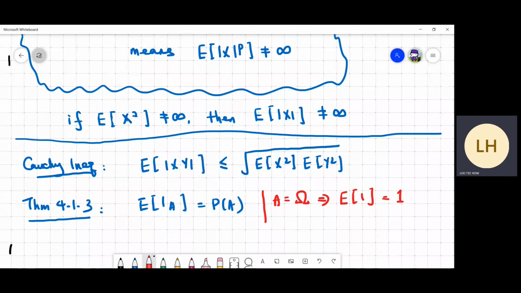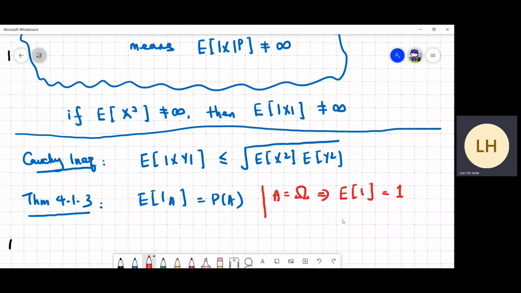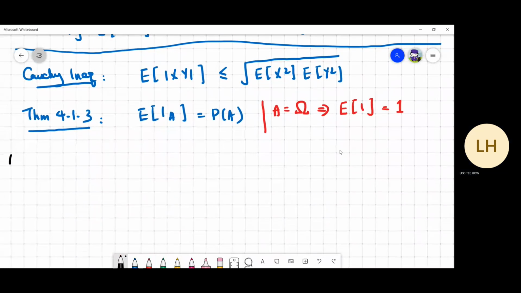Now we can apply these two results to solve this example. Let's look at the solution.